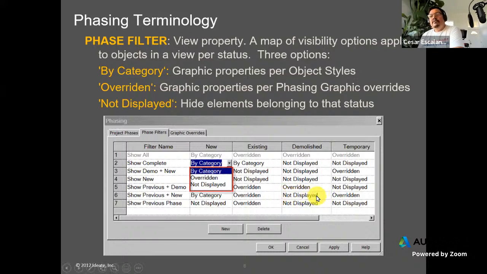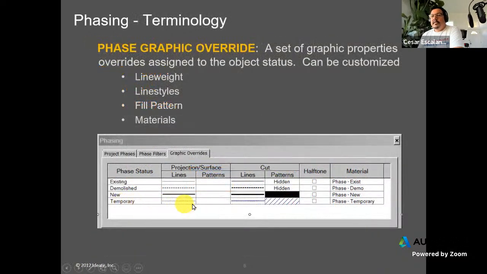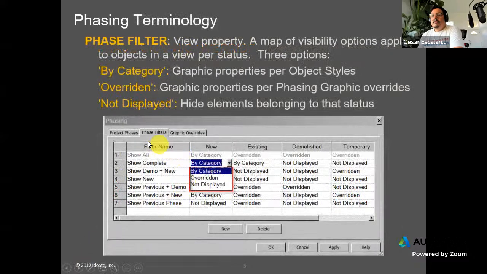So they are switched off. And temporary objects, objects that are created and demolished on the same phase, will also acquire this graphic override. So these are view properties, and it's a combination of toggles that tells Revit how to display elements based on a graphic override and based on the object statuses.